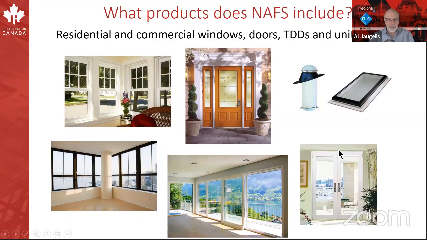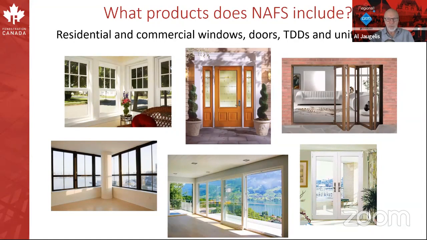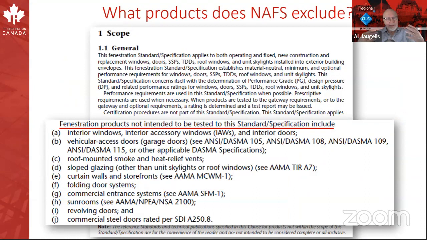They cover things like architectural terrace doors, which are high-performance balcony doors that don't get as much use as an entrance door, but they have to be much more airtight and watertight than an entrance door to, let's say, a large building would be. Folding doors.